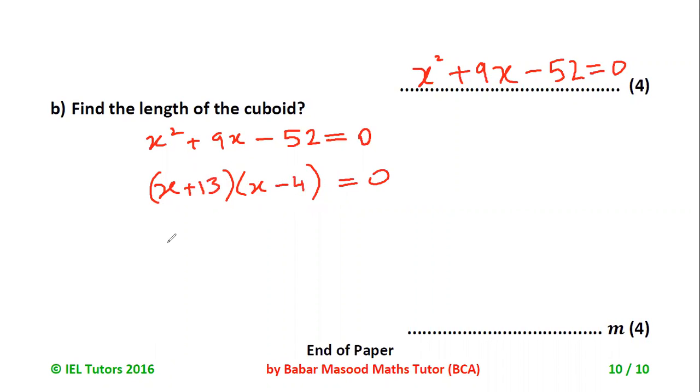So I can solve this equation by working out the values of x. The 2 values of x which I'll get are x equals minus 13 meters, or x equals 4 meters. One value will have to be rejected because lengths are never negative, so that's why this value is rejected. And my final answer will be 4. So x is 4.